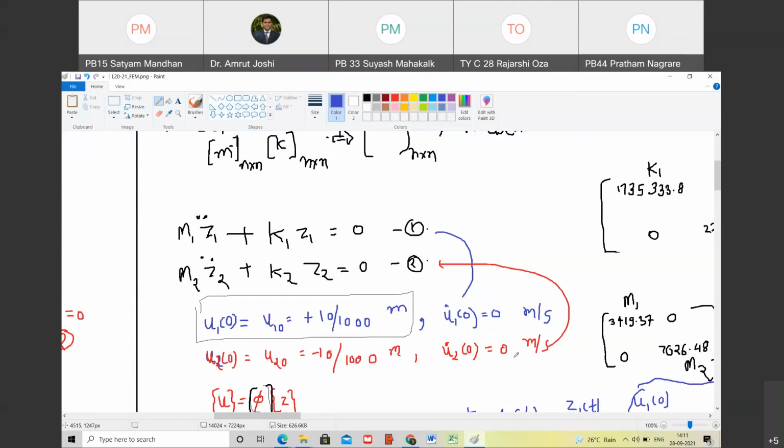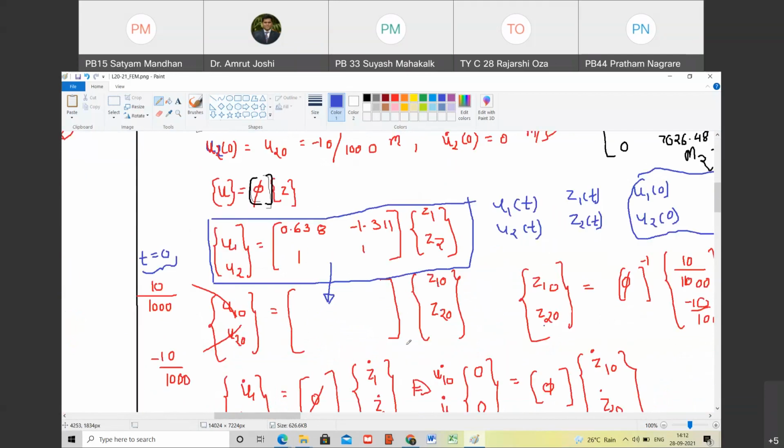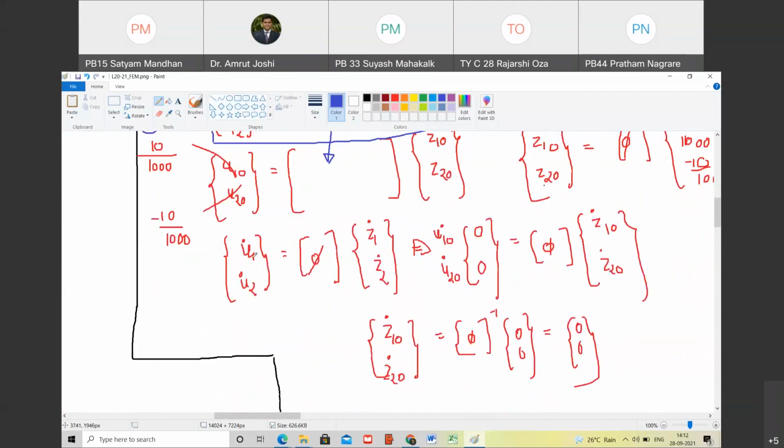Do you agree with me? Yes, sir. Now we need to translate these boundary conditions in terms of z1 dot of 0 and z2 dot of 0. Yes, sir. u1 dot and u2 dot are related to z1 dot and z2 dot through a transformation matrix phi.